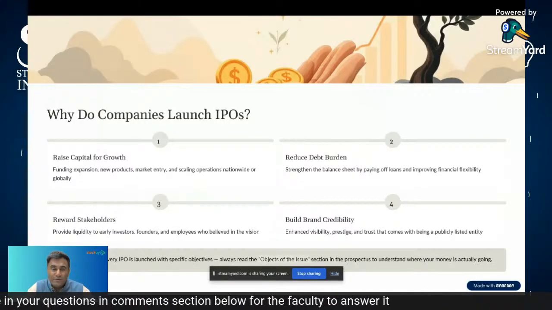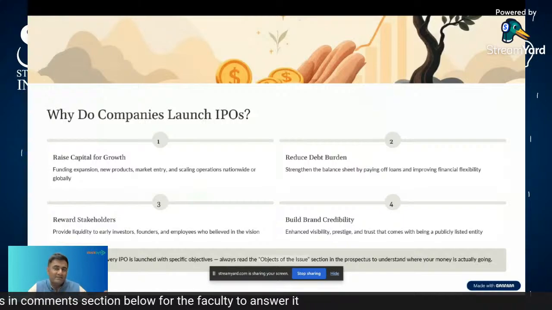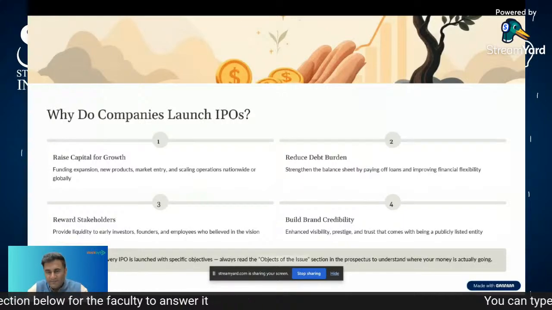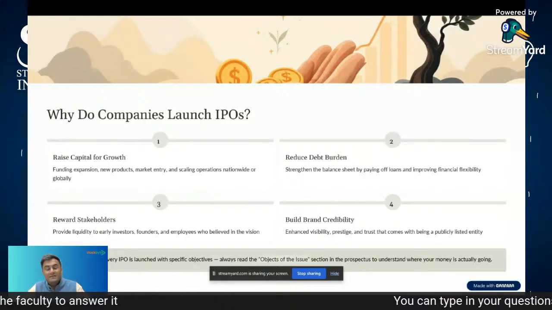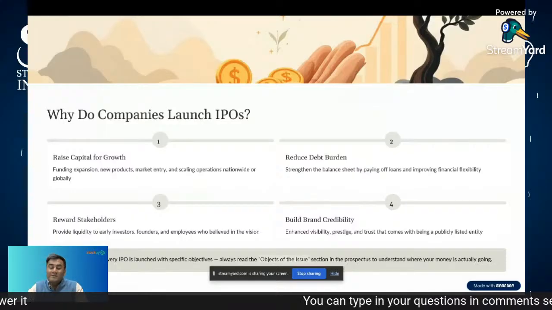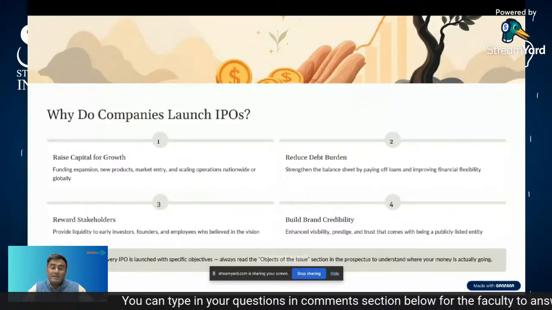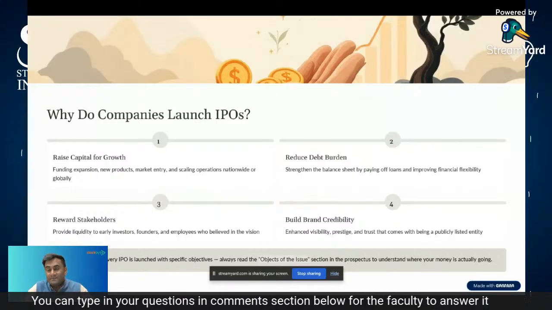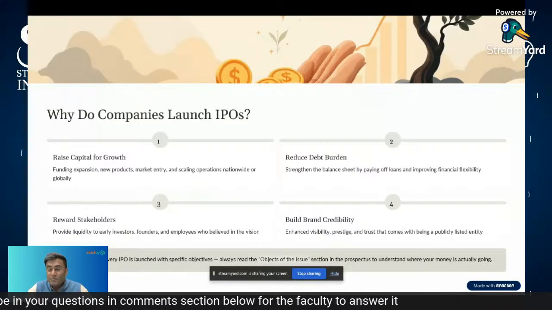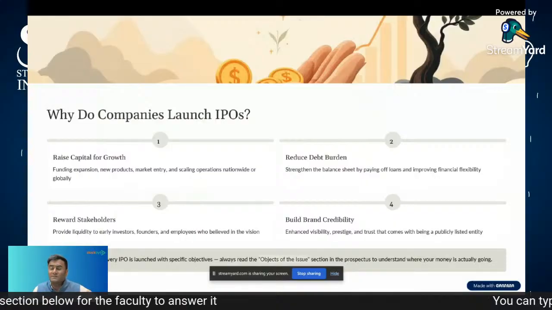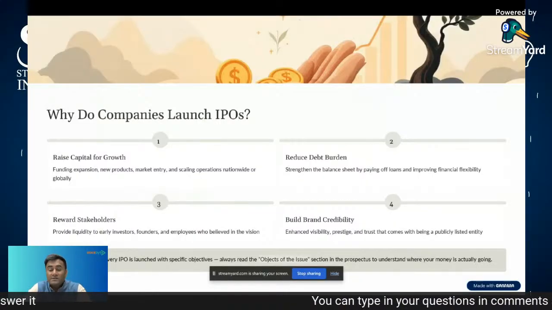They are not going to highlight the negatives, the pitfalls for you. So by reading the objects of the issue, we can easily understand where my money is going. Is it going to pay off previous debt? Is it going for expansion? It will be clearly mentioned in the objects of the issue part.